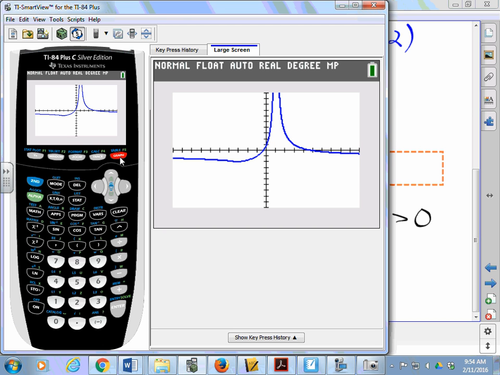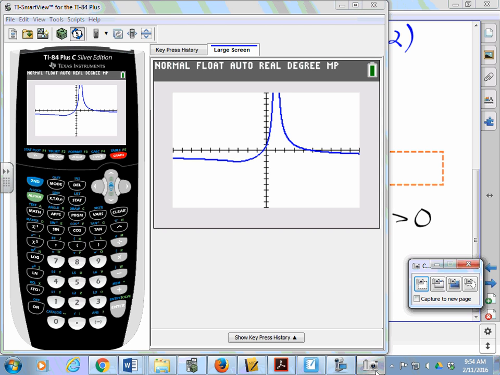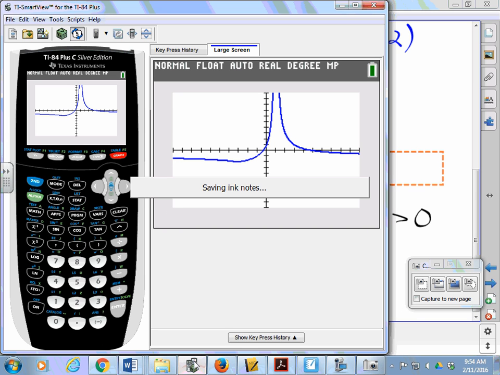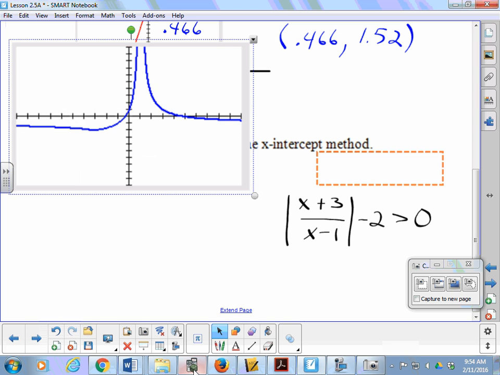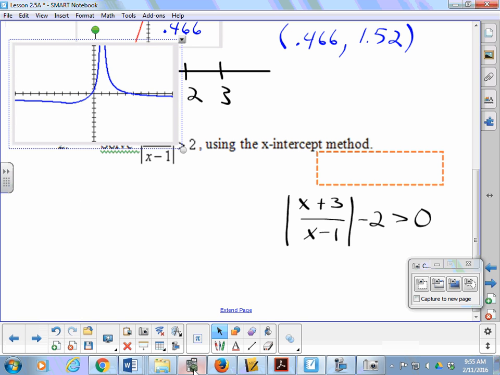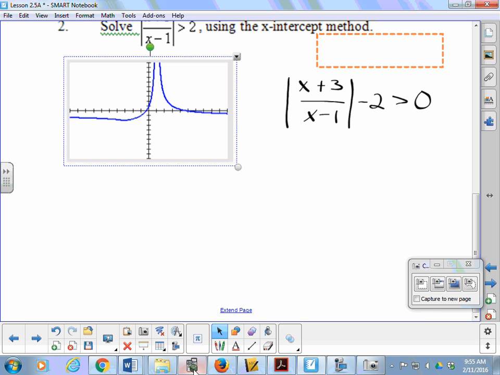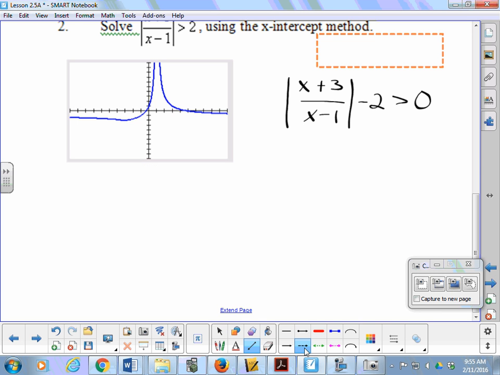All right, so when I look at this, we have an asymptote here at x equals 1, so there's a vertical line drawn here through x equals 1.